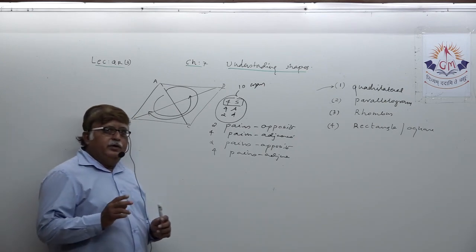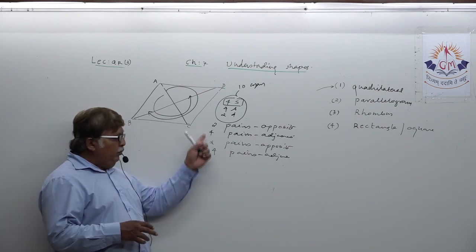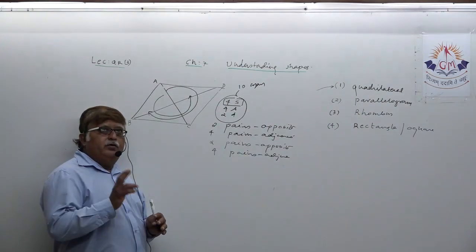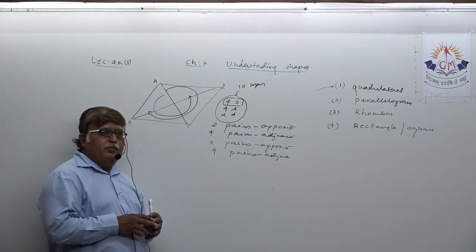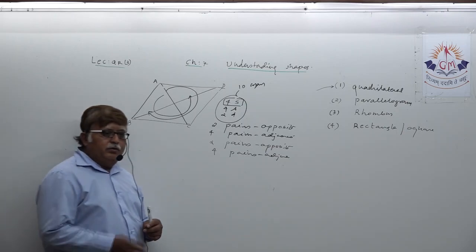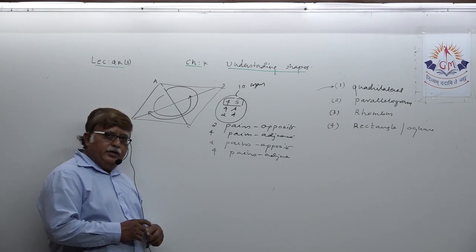But how many pairs of opposite sides? Two pairs. Opposite sides are parallel, compare this. Two pairs of opposite sides, two pairs of opposite angles. Four pairs of adjacent sides and four pairs of adjacent angles.